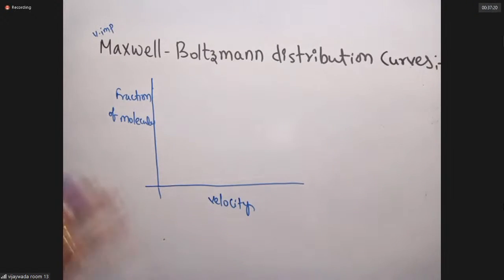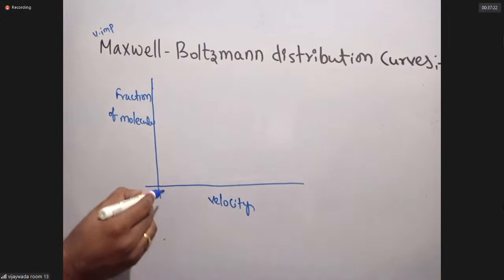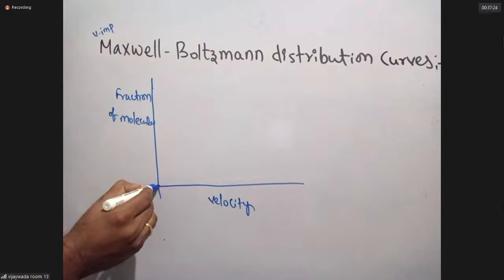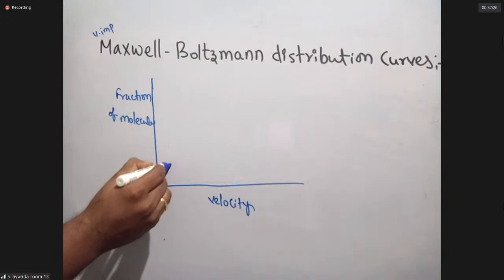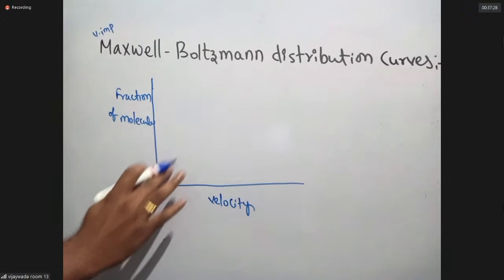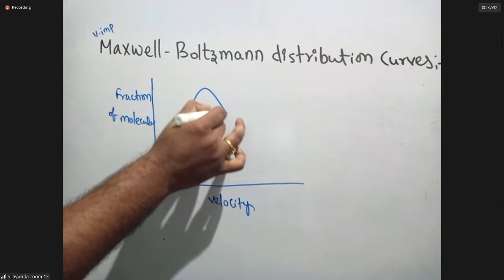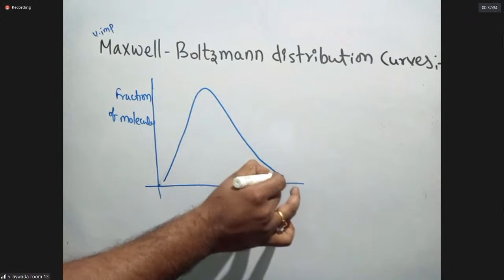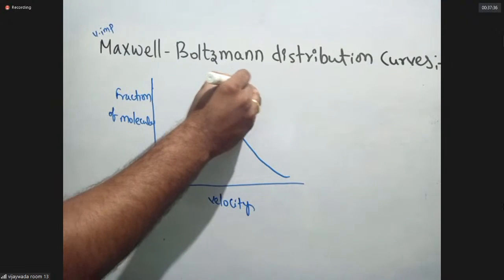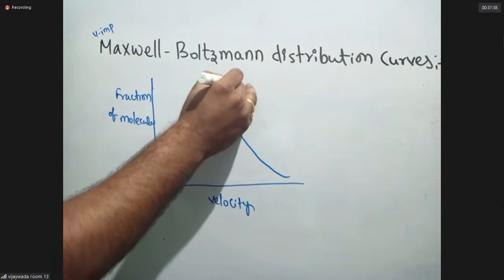Let us consider 100 molecules. They observed the 100 molecules graph is, this is the 100 molecules graph at T1 temperature.